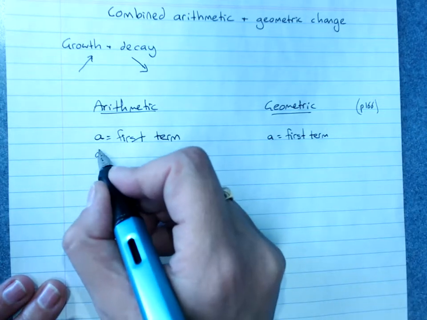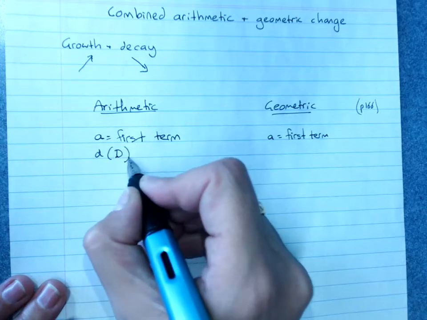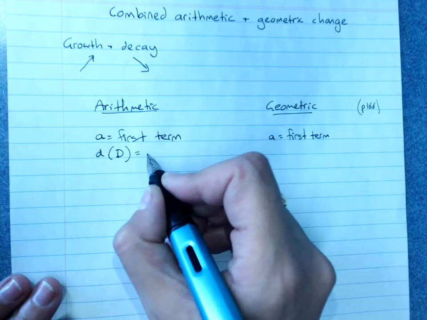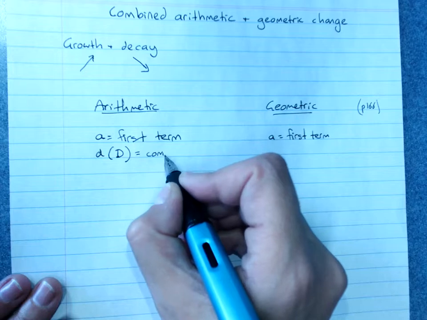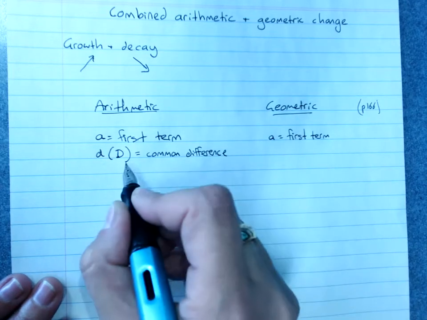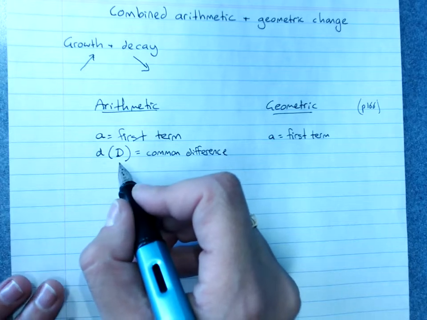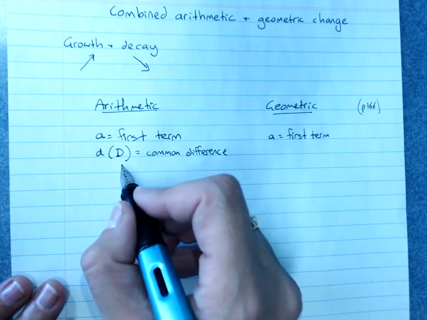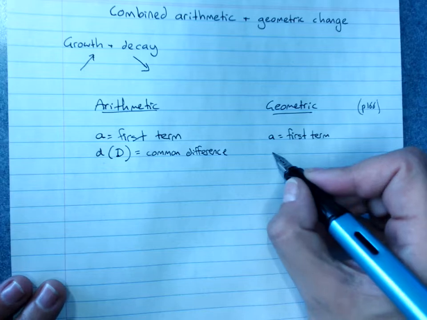But D, sometimes capital D, is the common difference. And we use the capital D in our depreciation and percentage change, the money type of things.